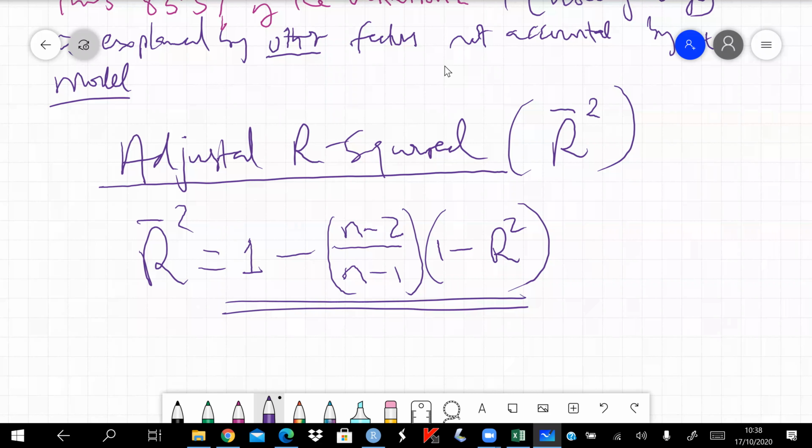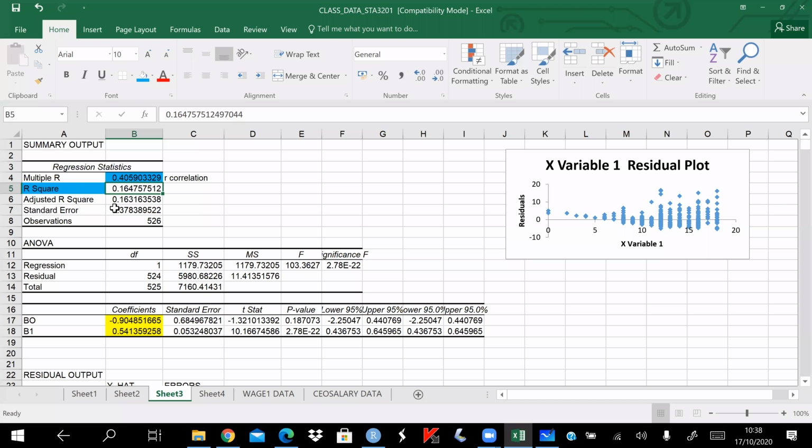When you check the output here, you notice that there's also an adjusted R squared, which in this case doesn't seem to be very different from R squared, because of course we do not have so many variables in our model. So they are very close when you have very few variables.